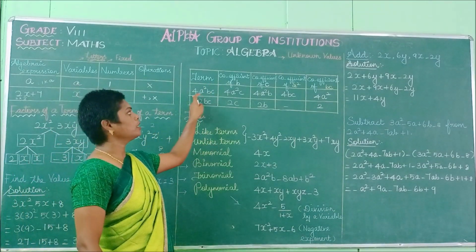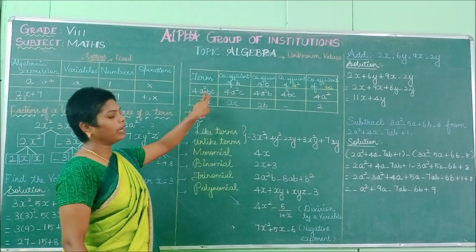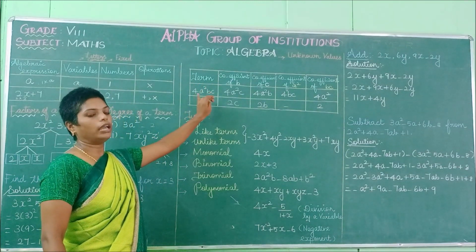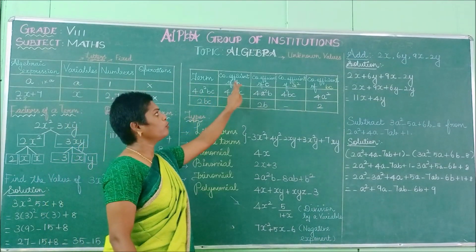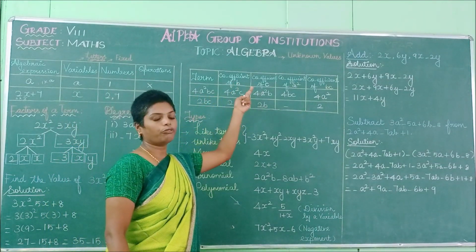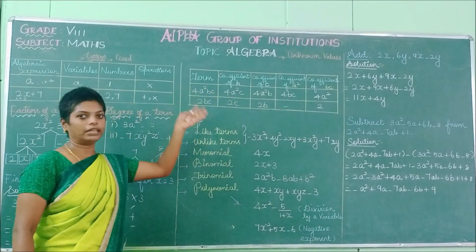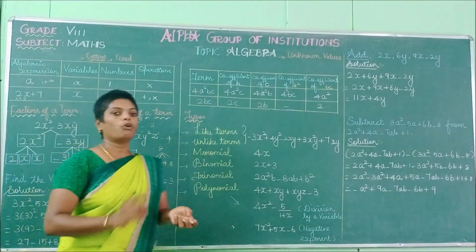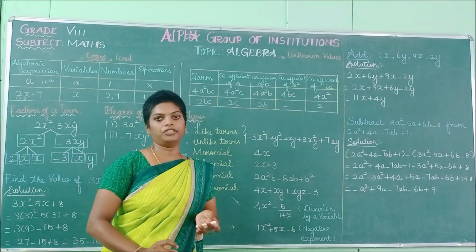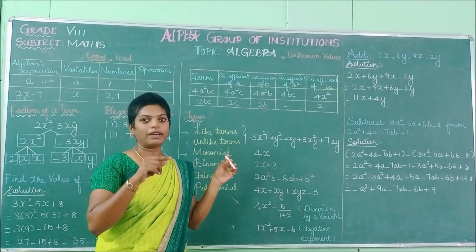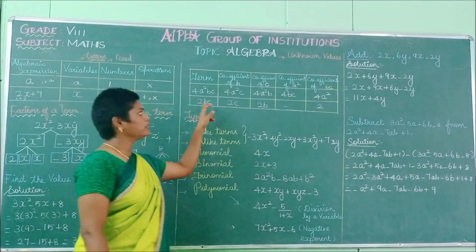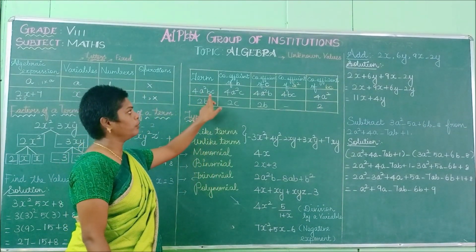If you leave out the b, what is present here? 4a squared c. So that is our coefficient of b. If you have to find another coefficient, you leave out that value and the remaining values are the coefficient of that value.